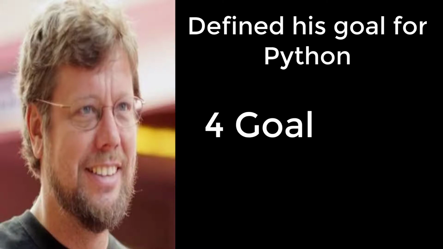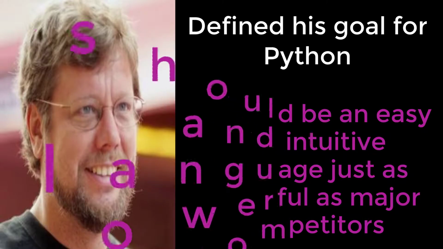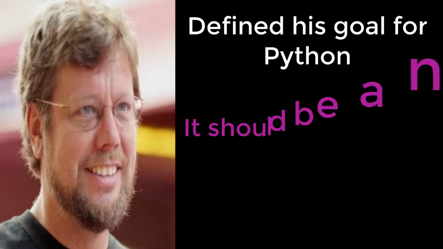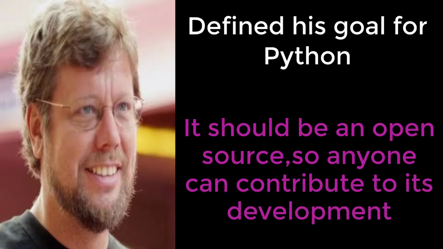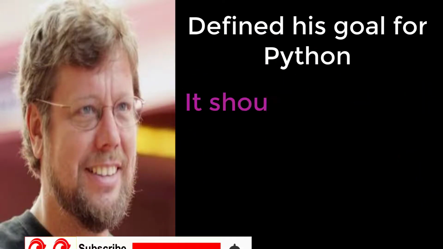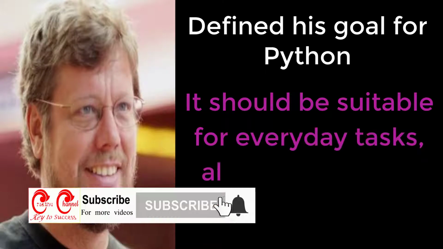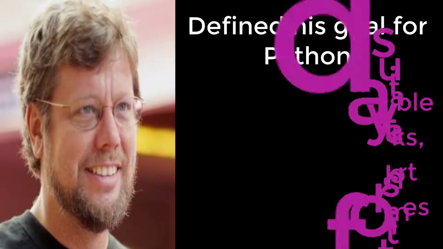First, it should be an easy and intuitive language just as powerful as major competitors. Second, it should be open source so anyone can contribute to its development. And the third one is its code should be as understandable as plain English. And the fourth one, it should be suitable for everyday tasks, allowing for short development times.